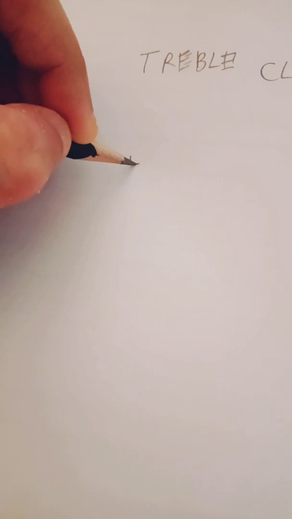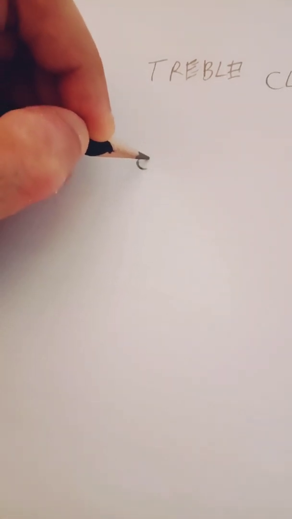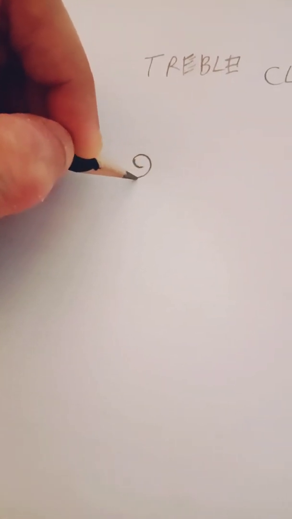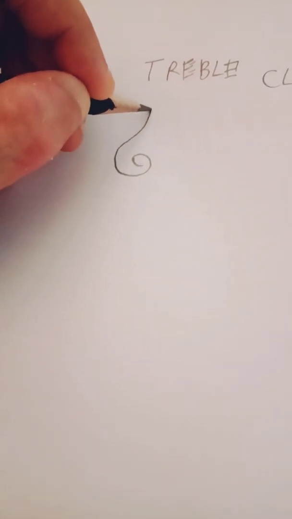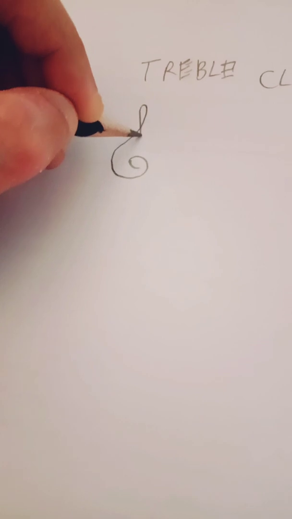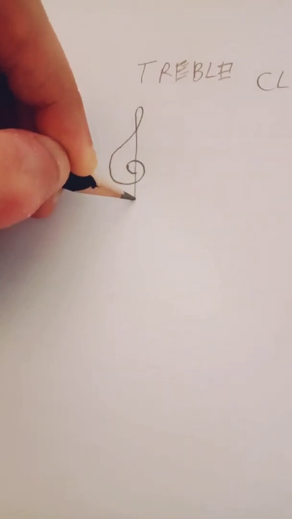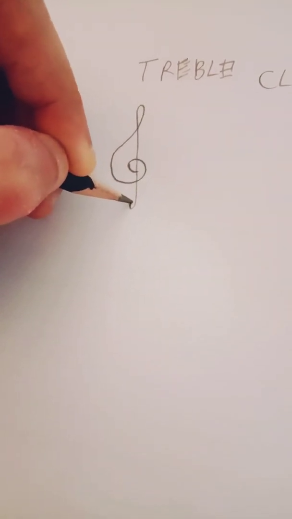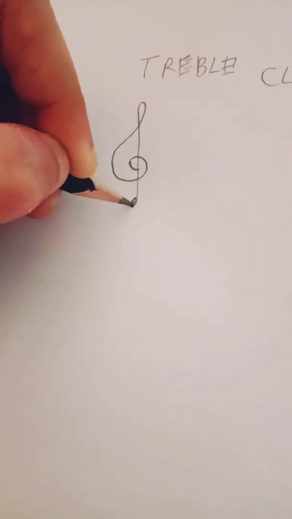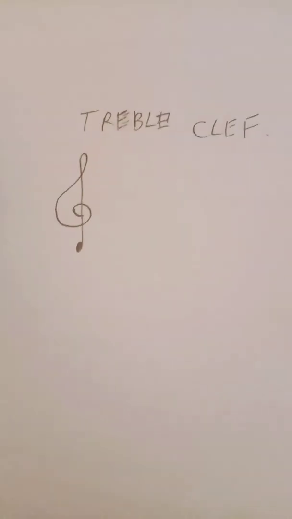Do about 10-15 of those every day, and I think you will be able to draw the treble clef pretty easily. So you start off with this curled line, and then trace it this way, and make this loop here and make this line pass through.